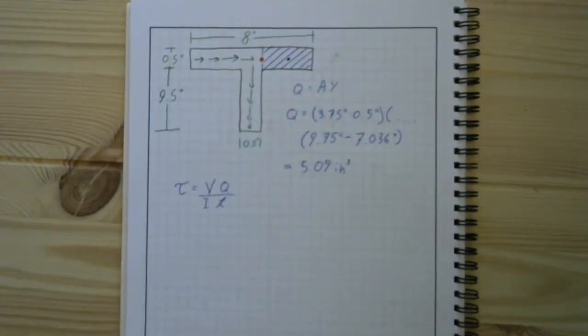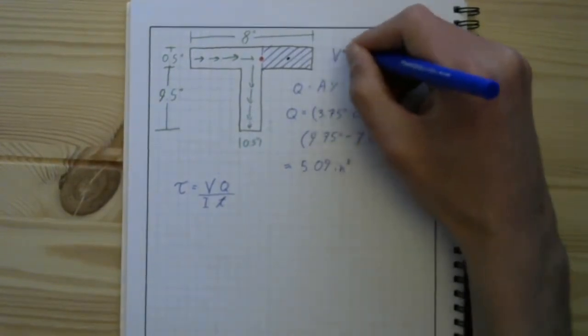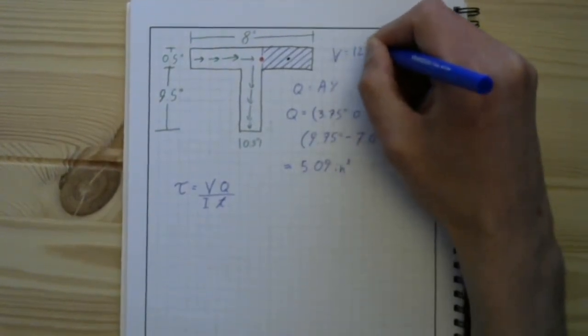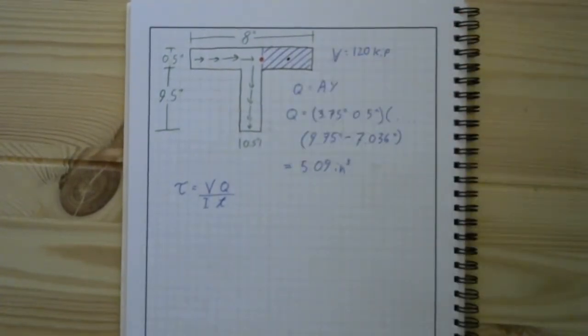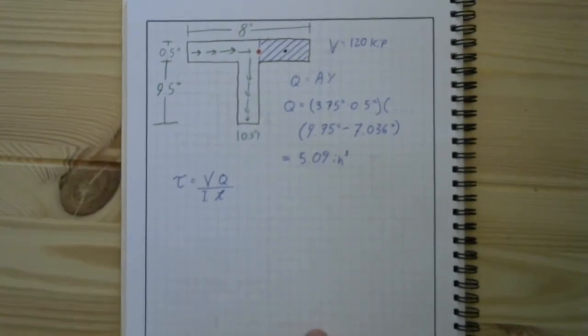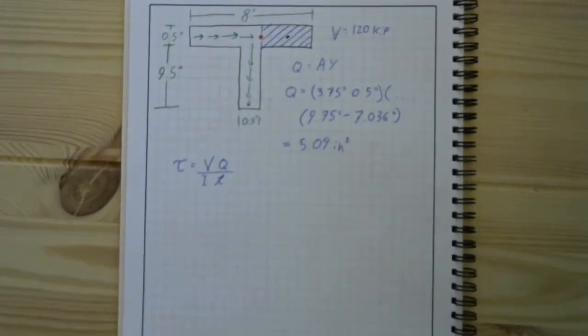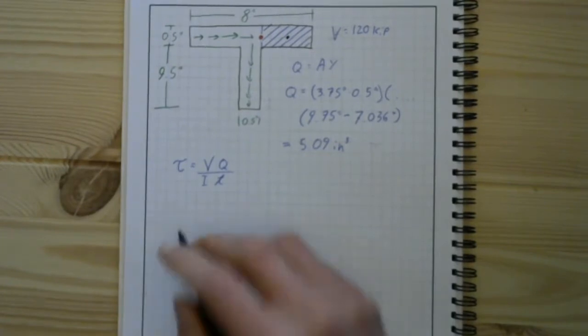V is given as 120 kips. So we're going to next need the second moment of inertia, I. Fortunately, we've already got the neutral axis, so this should go down real smooth, real easy.